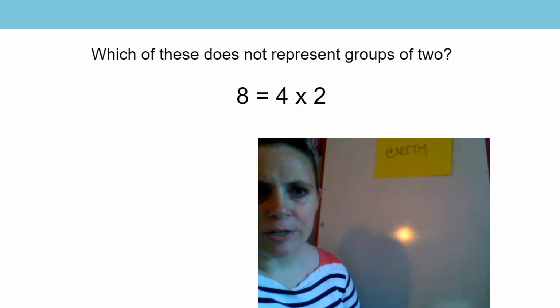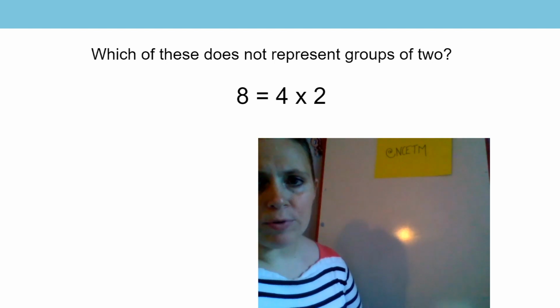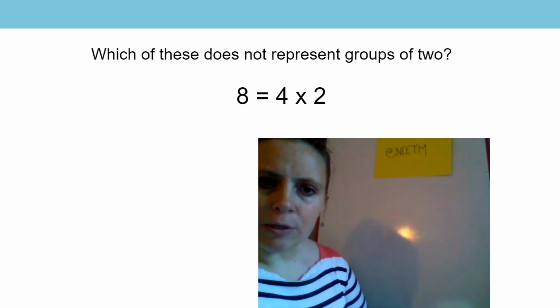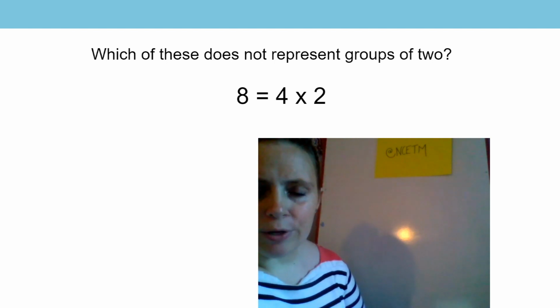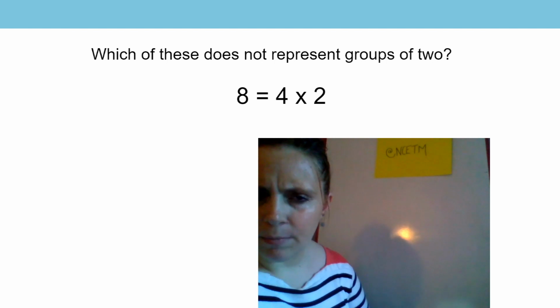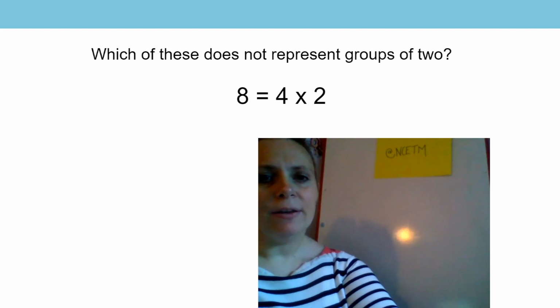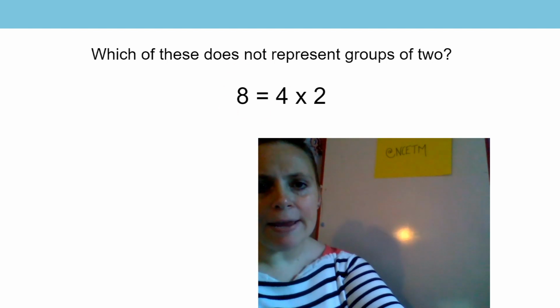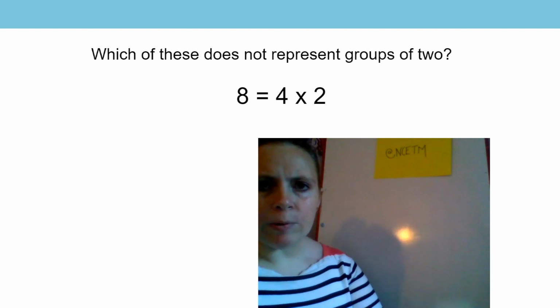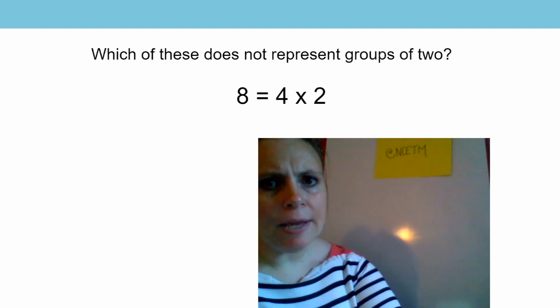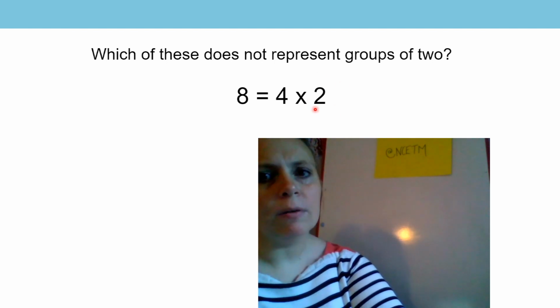We're still on the same question. Which of these does not represent groups of 2? But this time we're looking at 8 is the product of 4 times 2. What's different this time? Oh yes, the product has been put here at the start of our equation, but we're okay with that. So this time I have groups of 2.